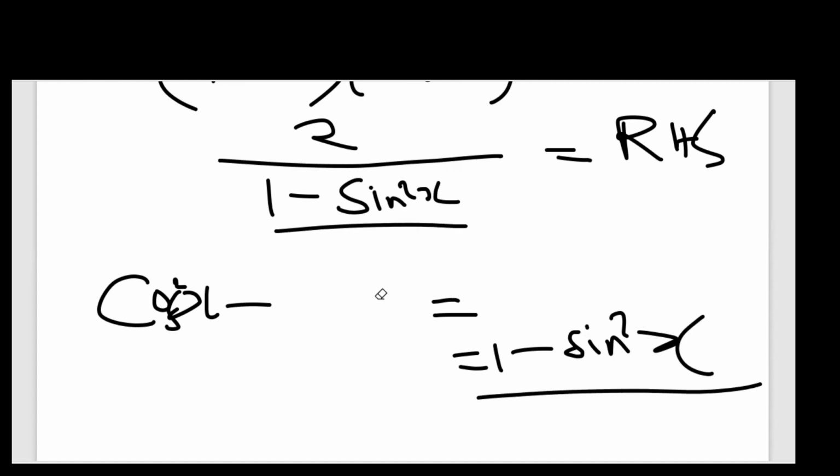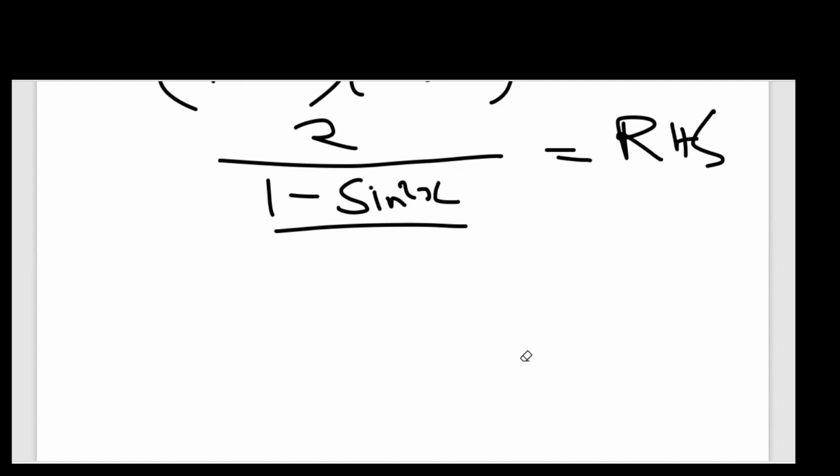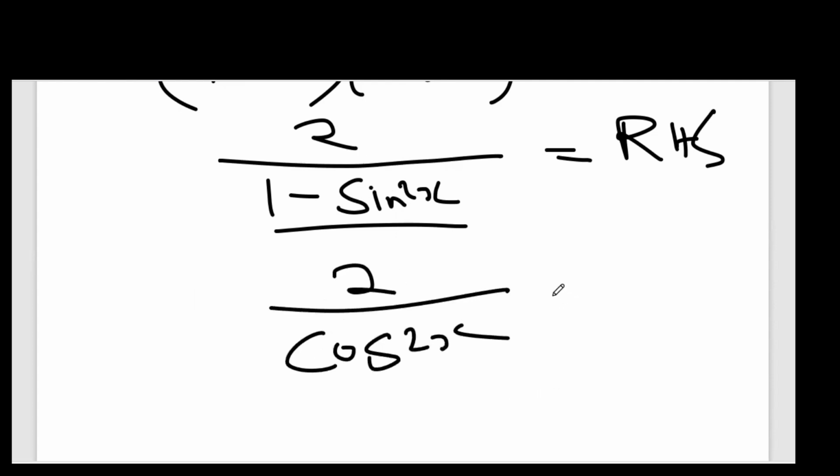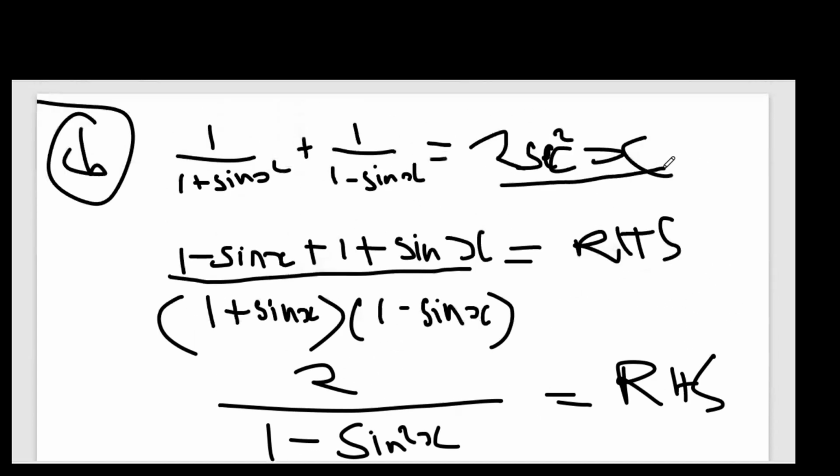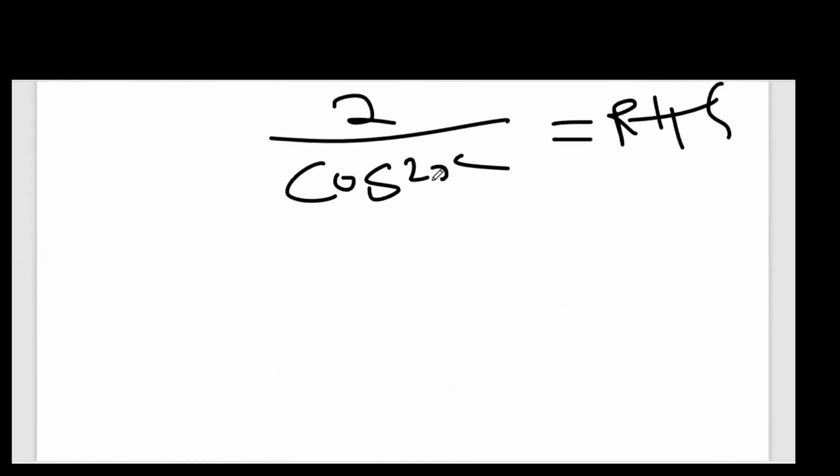Okay, so let me clean this part down here and see what this will become. This will become 2 over cos squared x, equals the right hand side. Remember on the right hand side, what do we have? We have sec squared x, right? But we know that sec is just 1 divided by cos. So I can separate this into 2 over 1 multiplied by 1 over cos squared x.